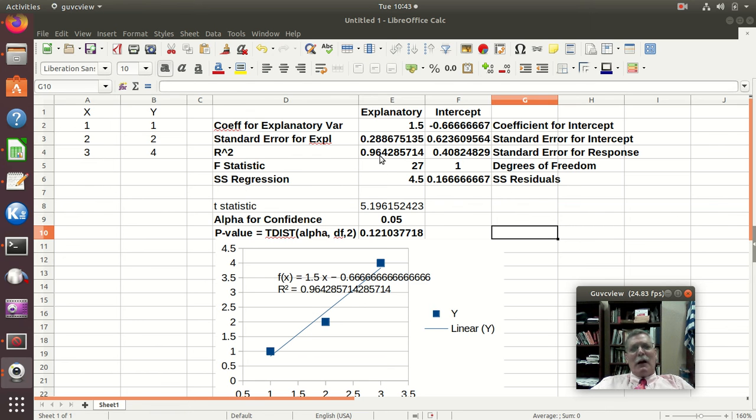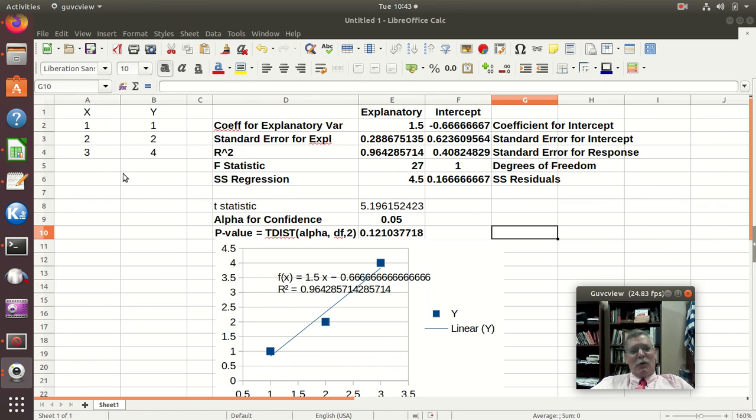So that's very high, but my p-value, my statistical hypothesis test, unfortunately still fails, and it says, hey, I can't really claim that the slope is different than 0. Okay, so I can't really claim a dependence here between x and y, and so I need more data.